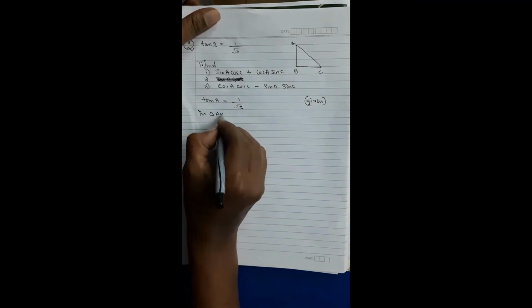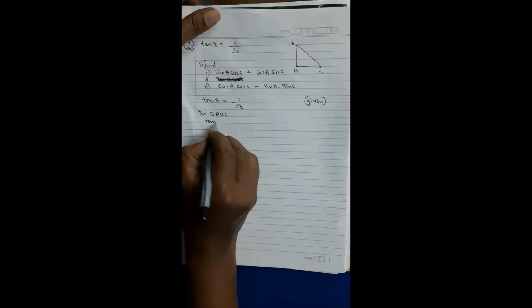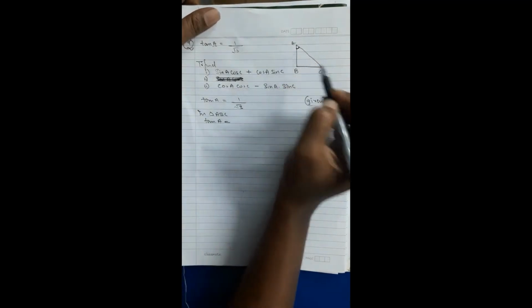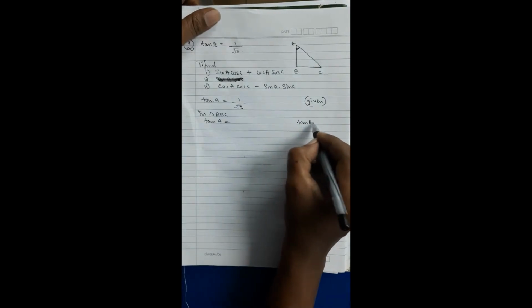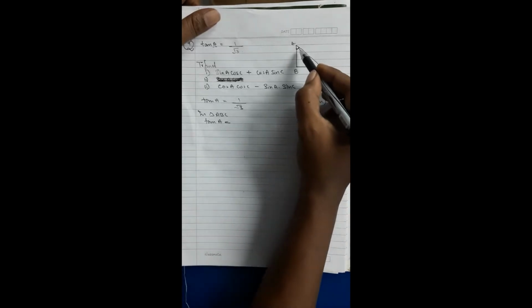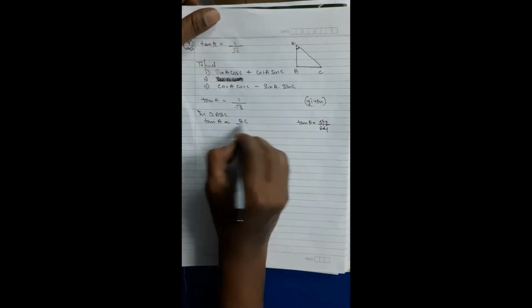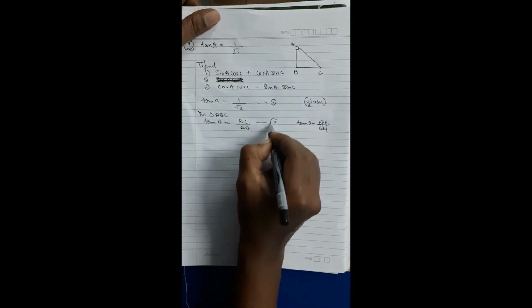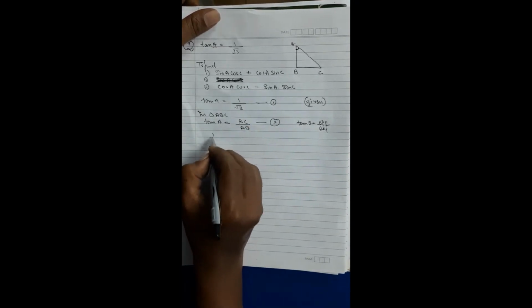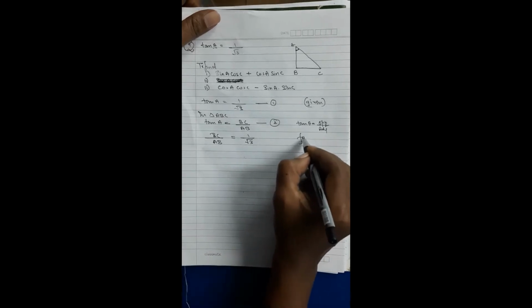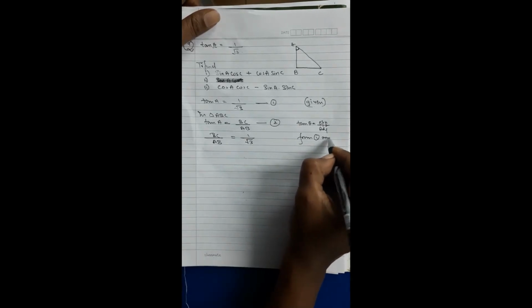In triangle ABC, this is tan A, and we know that tan theta is always equal to opposite side upon adjacent side. So the opposite side of this is BC, adjacent side is AB. So from 1 and 2, we will get BC upon AB is equal to 1 upon root 3.